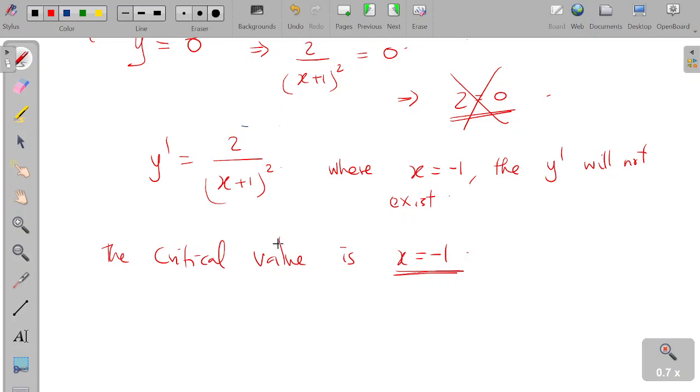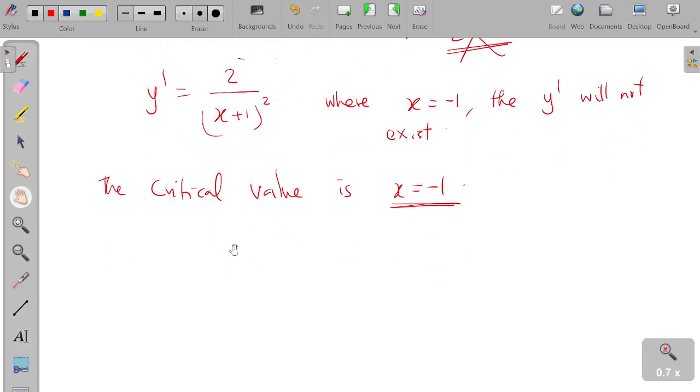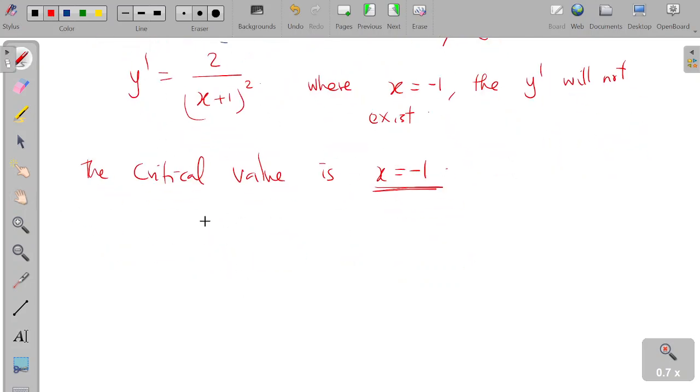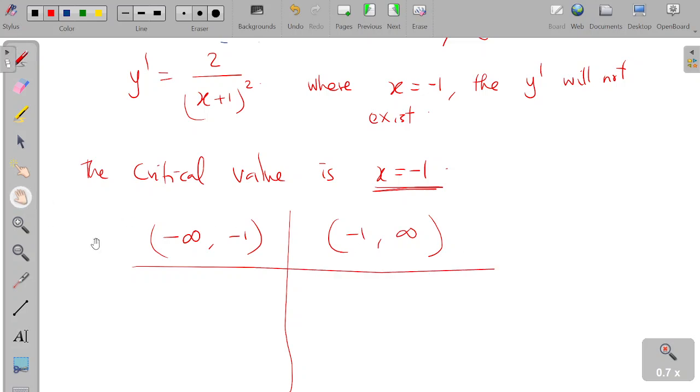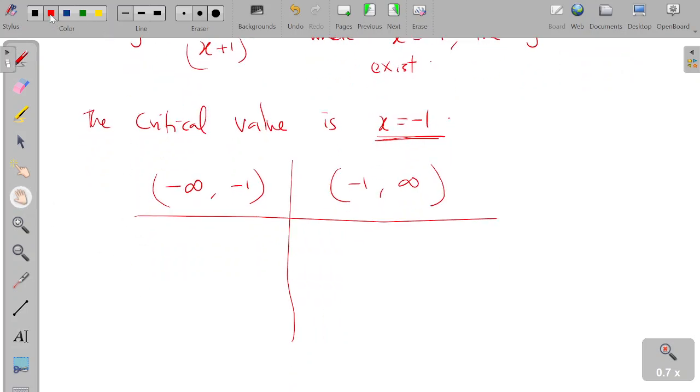Okay, so we use this now to find our intervals. It will now be negative infinity to negative 1, and then negative 1 to positive infinity. So those are our intervals. And then we want to know in these intervals where the function is increasing or decreasing using our derivative.